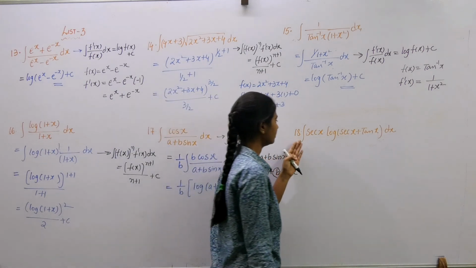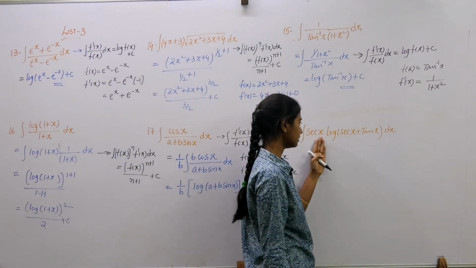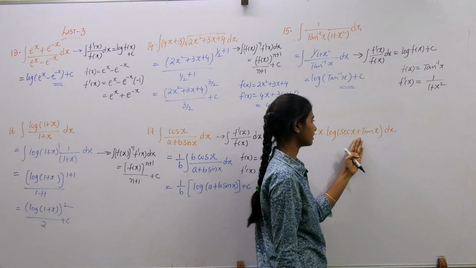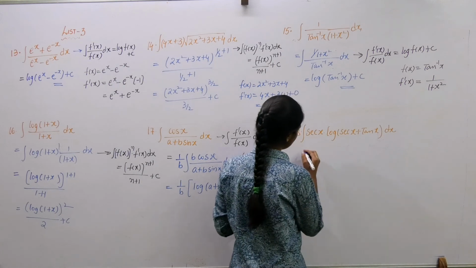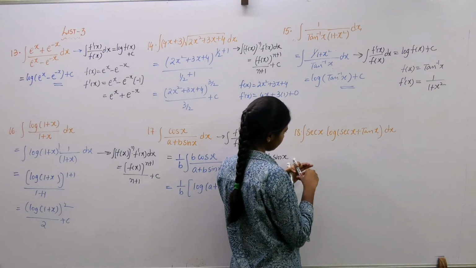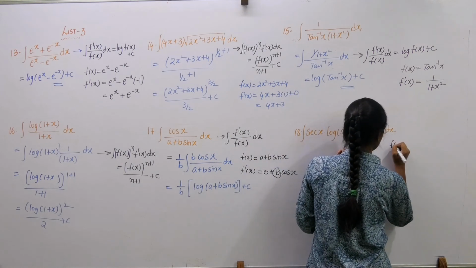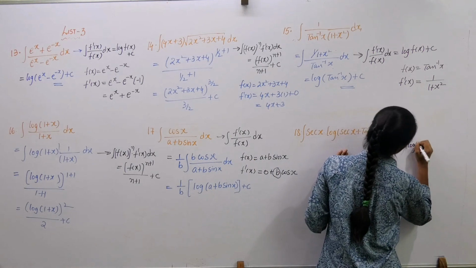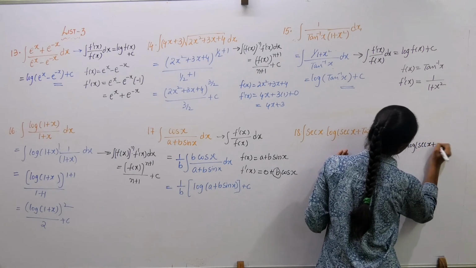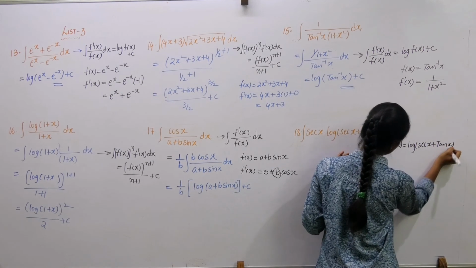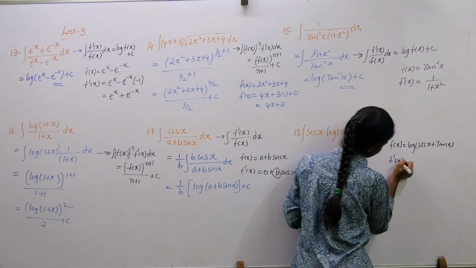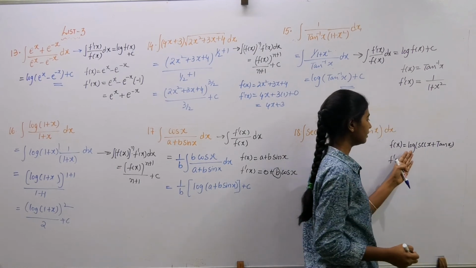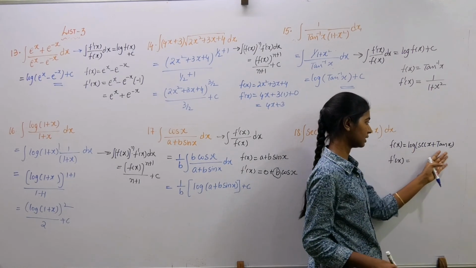Next, 18th one. Integral secant x into log of secant x plus tan x dx. Here, let f of x be equal to log of secant x plus tan x. Then f dash of x is equal to d by dx of log of secant x plus tan x.